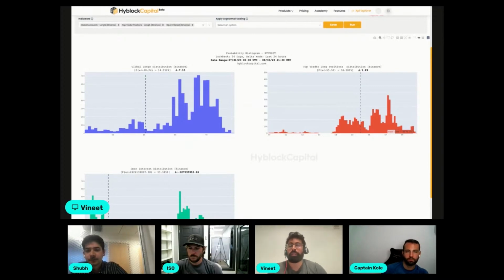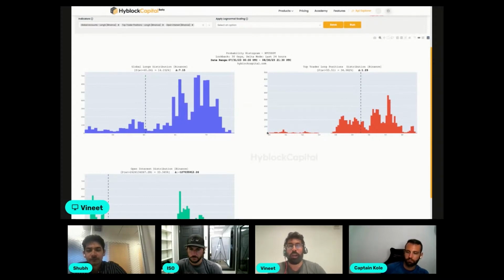If I were to tell you that the top trader long percentage was 50%, without seeing this distribution, you might assume that 50% are long, 50% are short. That's pretty neutral. I'm not going to really make any decisions based on this. But looking at the histogram, you can see that 50% is way on the left side of the spectrum.